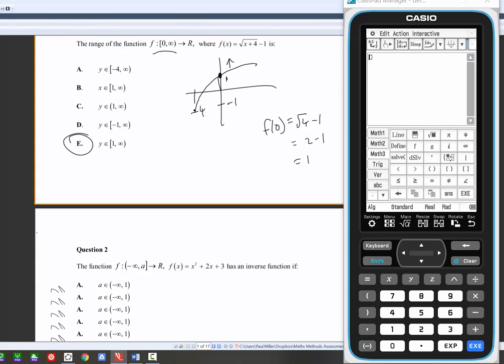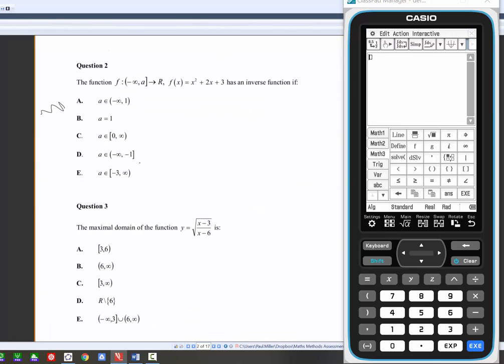All right, Q2. What we're looking at is some sort of a parabola that's invertible from -infinity up to A. So what I'm going to do with this one is work out the turning point. And again, I think this can be done pretty quickly by hand rather than the calculator. So all I'm going to do is throw it into turning point form.